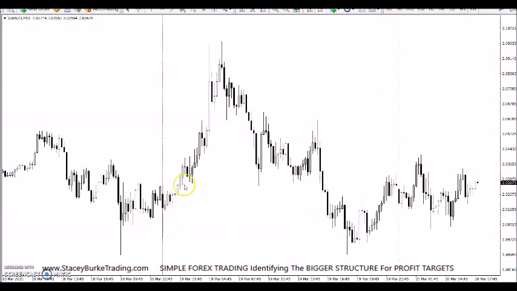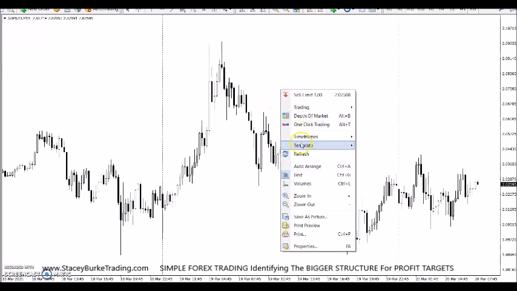We see the market take off in Asia and make a massive move, taking out the previous day's high and giving us some pins on top. But if we step back from this, we see one push, two pushes, or one big push to the high, two pushes, and then a third push that engulfs on this candle, which happens to be at 1:45 a.m. New York.